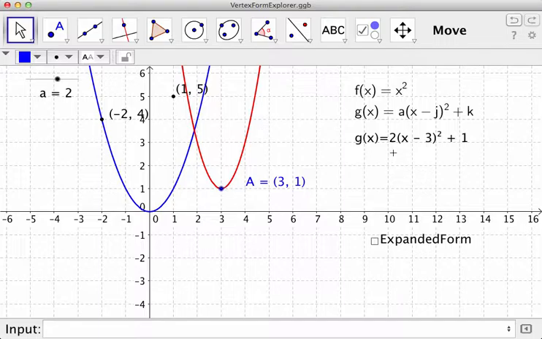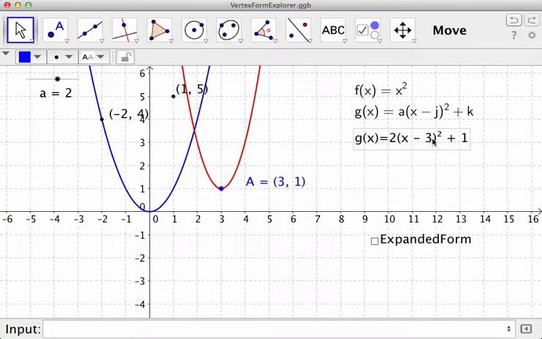Okay, so let's drag this somewhere else, change a, and see what we have. Okay, so now we have that a is set to 2, which means that our new quadratic is narrower than our original quadratic. And what we see here is that the form of the equation is g of x equals 2, our value of a, times x minus 3 squared plus 1.